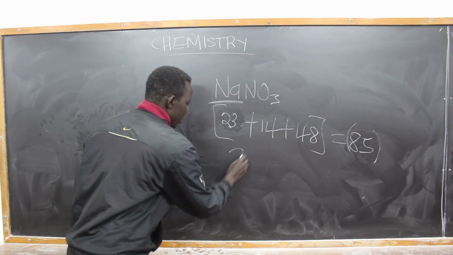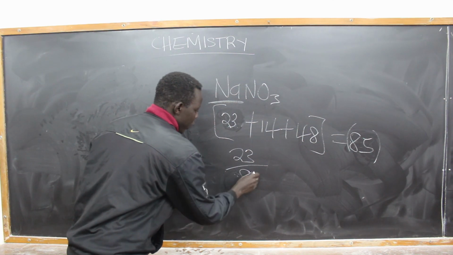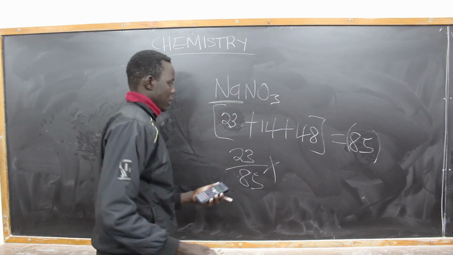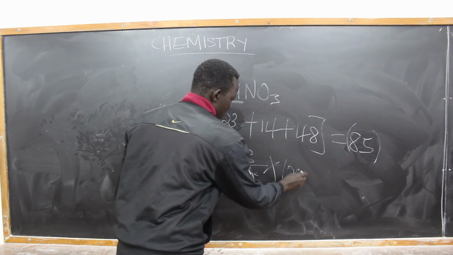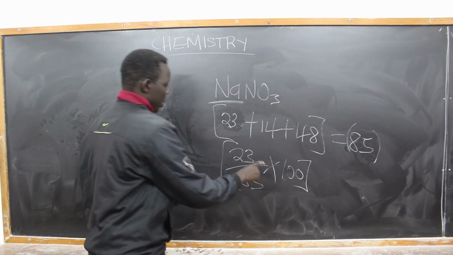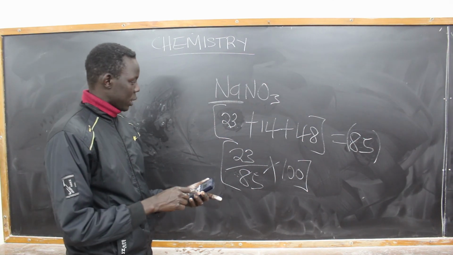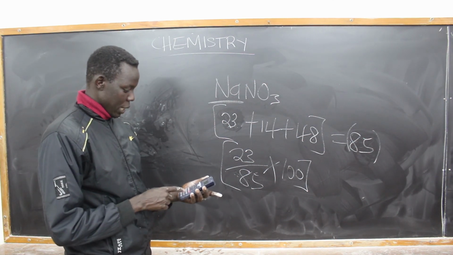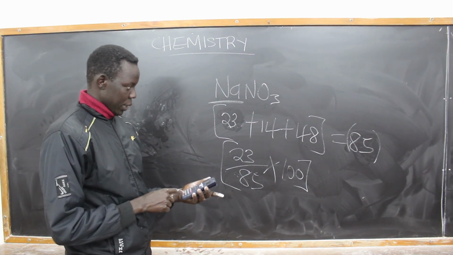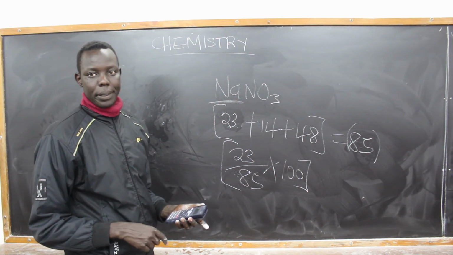So it's going to be 23 over 85 times 100%. That will give the percentage of sodium in sodium nitrate. So 23 divided by 85 times 100 is 27%.